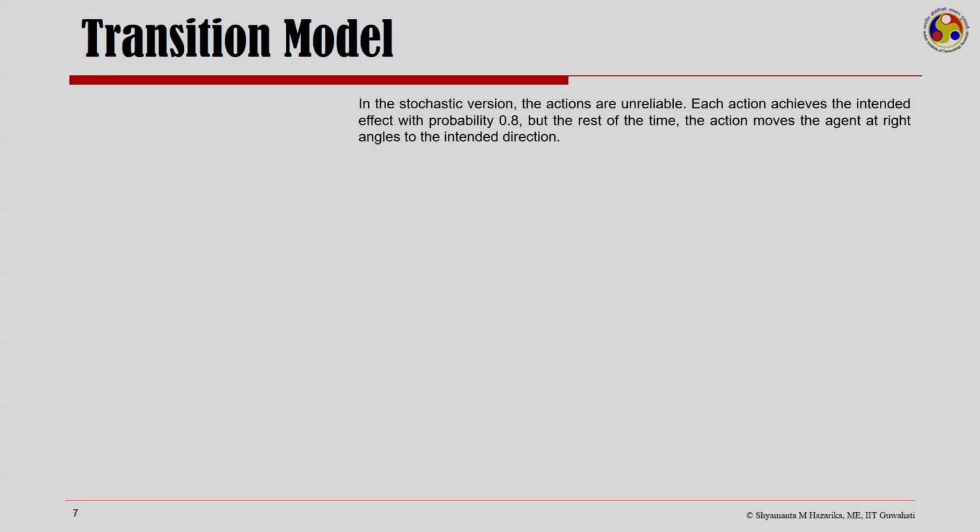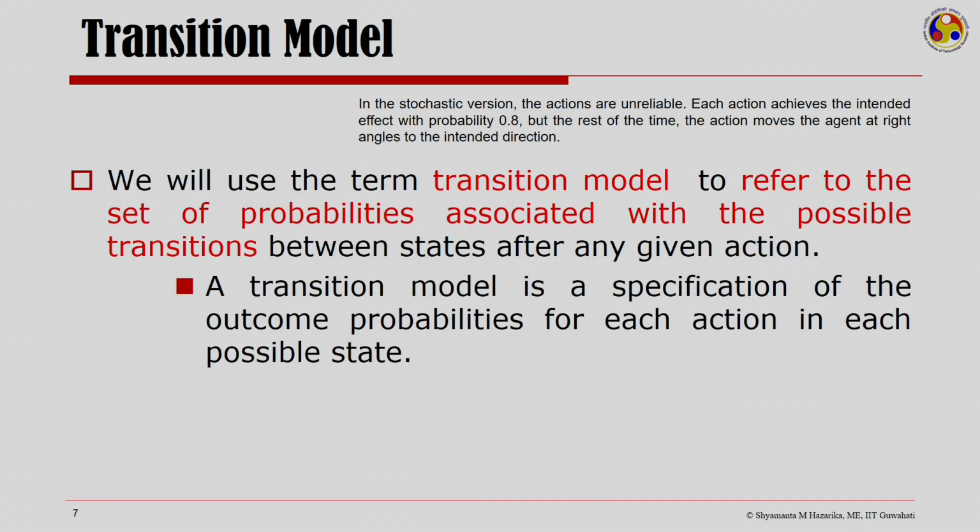We should understand that in the stochastic version, the actions are unreliable. Each action achieves the intended effect with a probability of 0.8, but the rest of the time, the action moves the agent at right angles to the intended direction. Therefore, we will need to use a transition model. This transition model refers to the set of probabilities associated with the possible transitions between states after any given action. The transition model is a specification of the outcome probabilities for each action in each possible state.